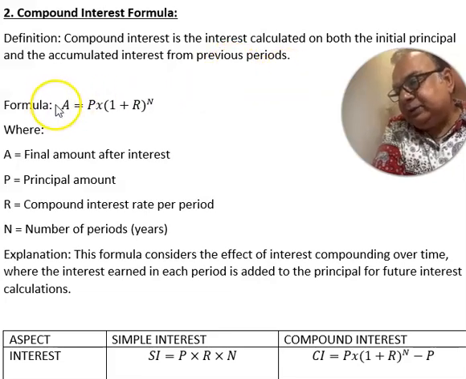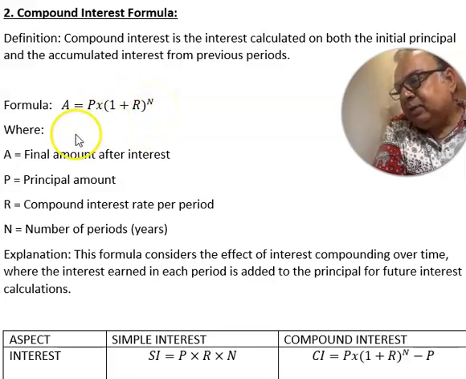This formula is: total final amount is equal to P, the principal, multiplied by inside bracket 1 plus R, power of bracket is the N. Here A is the final amount after interest, P is the principal amount, R is compound interest rate per period, N is number of periods.